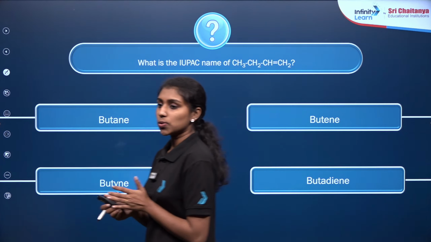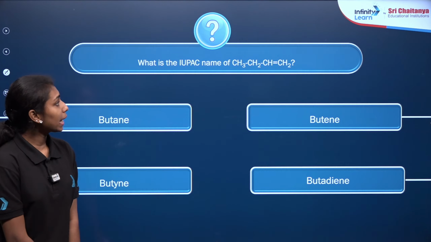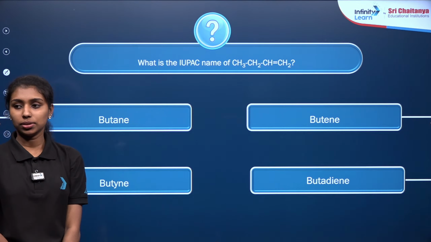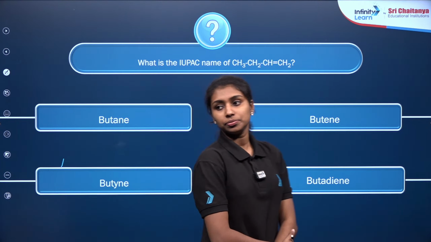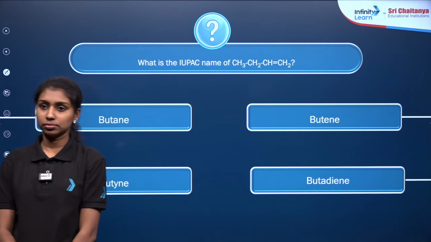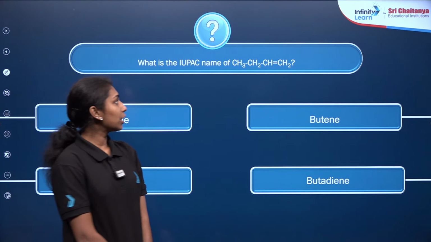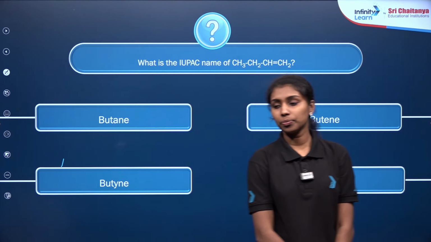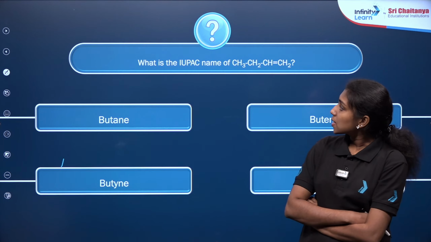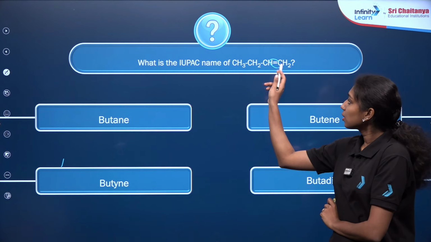So this is our first question. What is the IUPAC name of CH3, CH2, CH double bond, CH2? Try to find out the IUPAC name of this compound. Note it down, there is a double bond present.